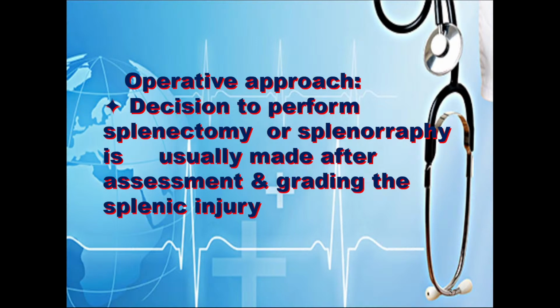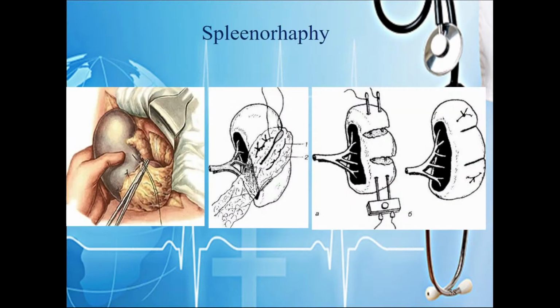Conventional surgery. The decision to perform splenectomy or splenorrhaphy is usually made after assessment and grading of the splenic injury, using CT or even angiography, or maybe the indication will be ineffective angiography. Sometimes it happens. I mean, the embolization.